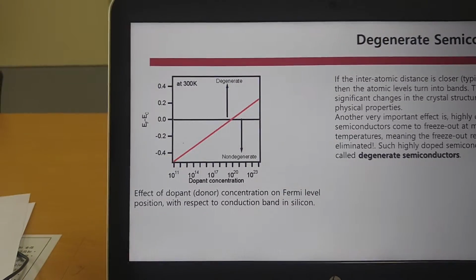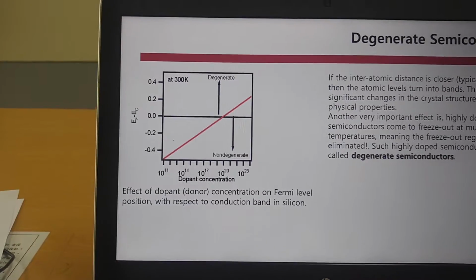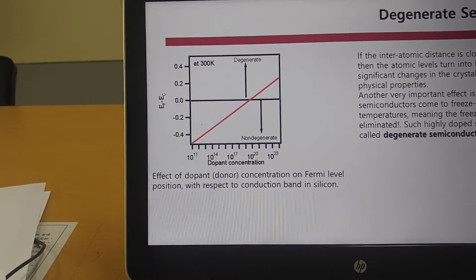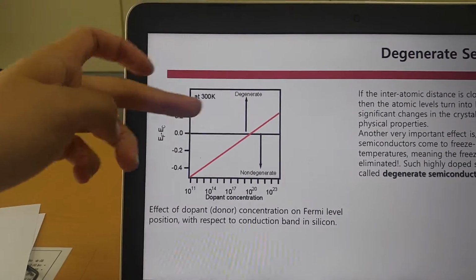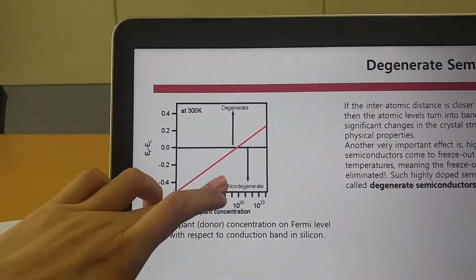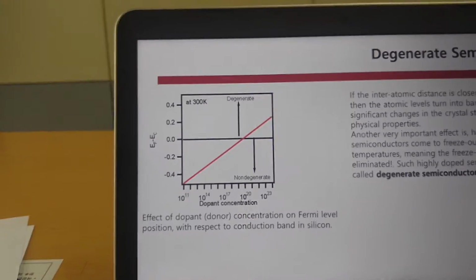It is some kind of very bad device if the semiconductor is in a degenerate state. And if the difference between the Fermi level and the conduction band is smaller than 0, we call this state a non-degenerate state.